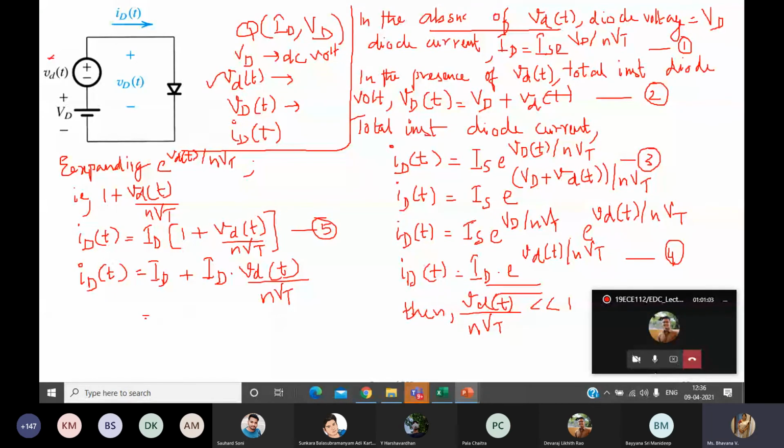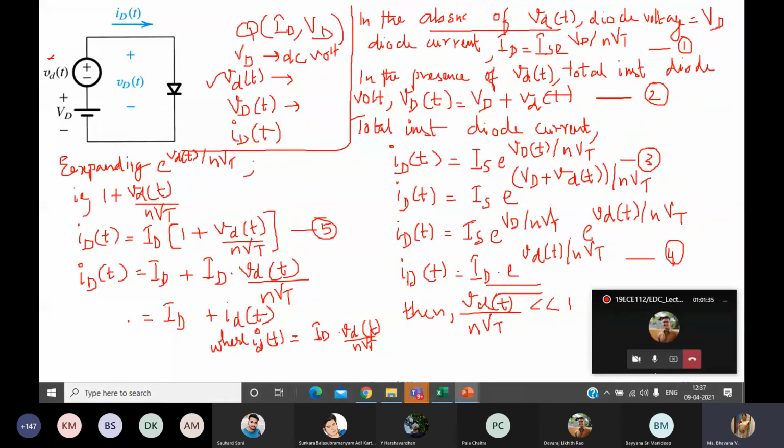So this one I am going to write as Id plus small id of t, where small id of t is equal to capital Id into Vd of t by nVt.